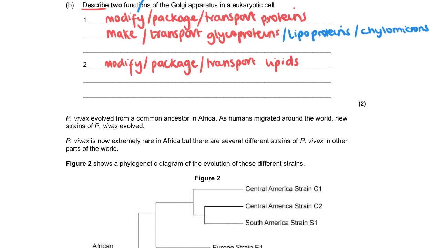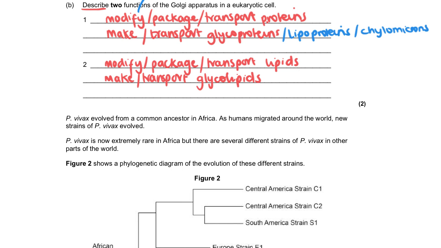Or they're there to modify, package, transport lipids, and in the same vein for that mark 2, you could have said make and transport glycolipids. The same mark points in terms of changing the word modify for something like process or add carbohydrate still stand.